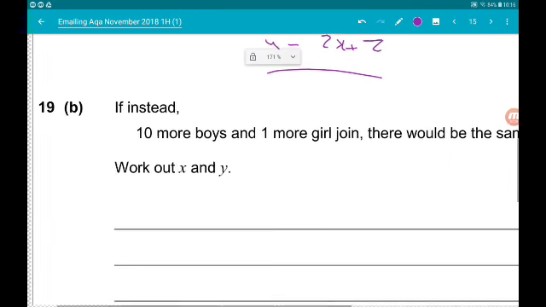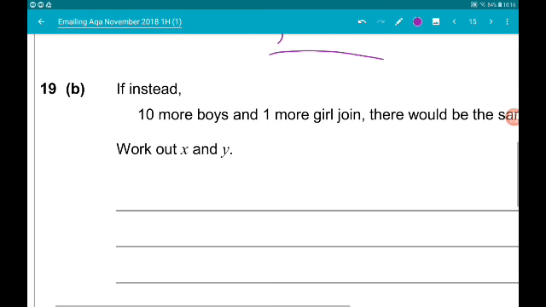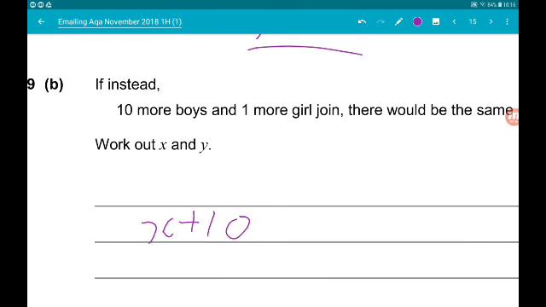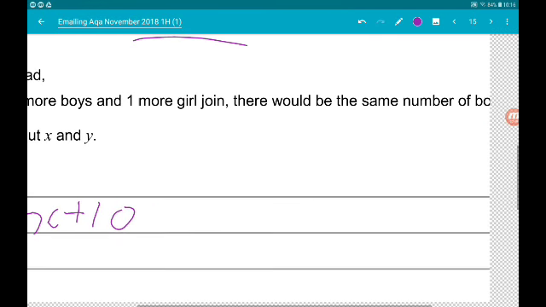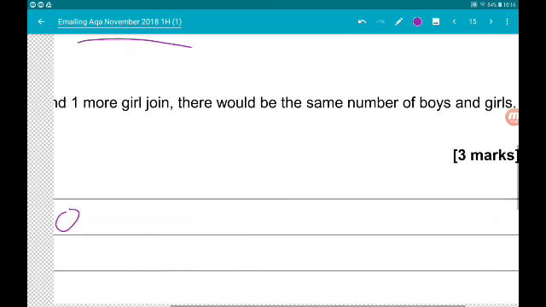Okay, then part B says if instead, so we're now completely forgetting about the 5 more boys and 8 more girls. So if instead 10 more boys joined, so that would be x add 10, and 1 more girl joined, there would be the same number of boys and girls.